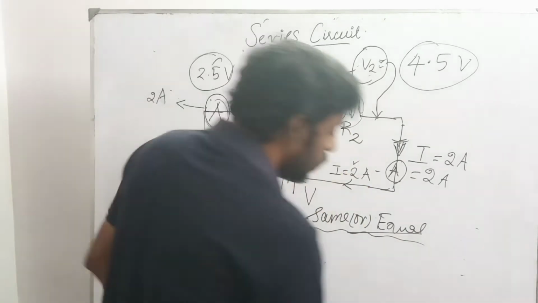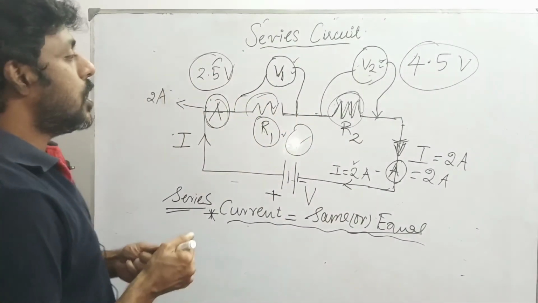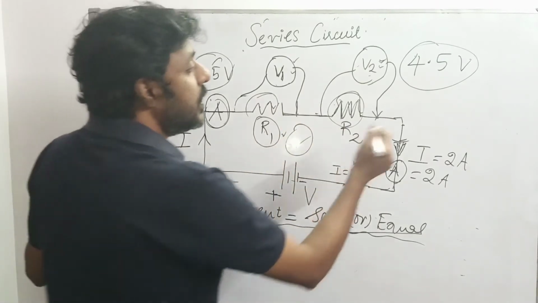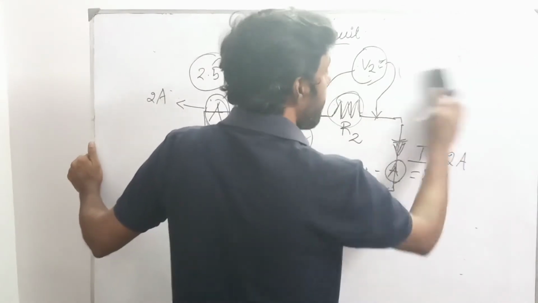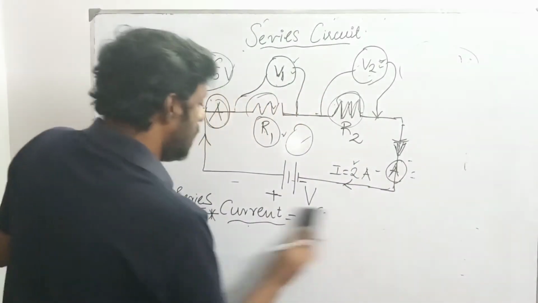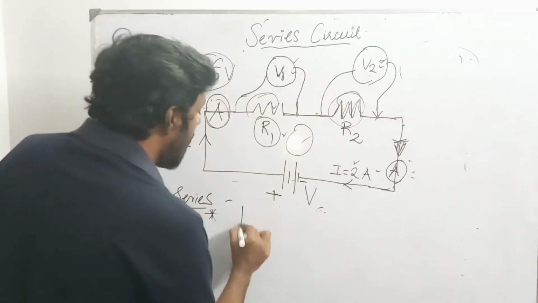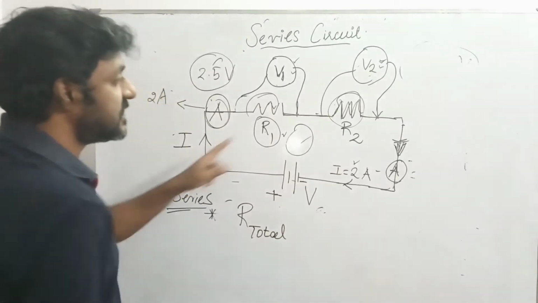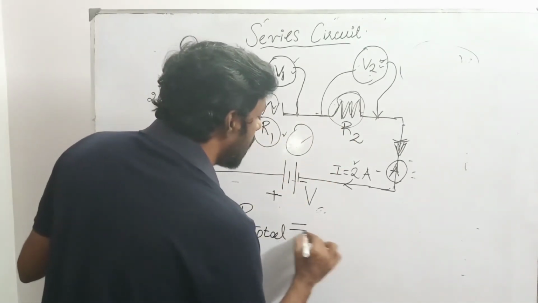Okay, this is all about series circuit. So in a series circuit, let us assume that the total resistance in this circuit is R total. So what will be the value of R total?